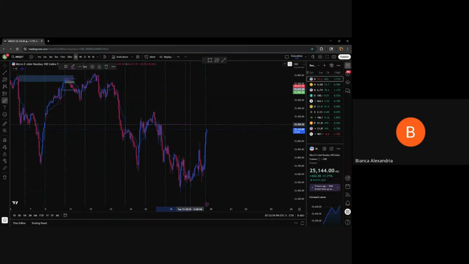So we have structure here, and structure here. What would be great is if price came, did this, and then continued up. Then we'd have continuation trades to look for tomorrow.